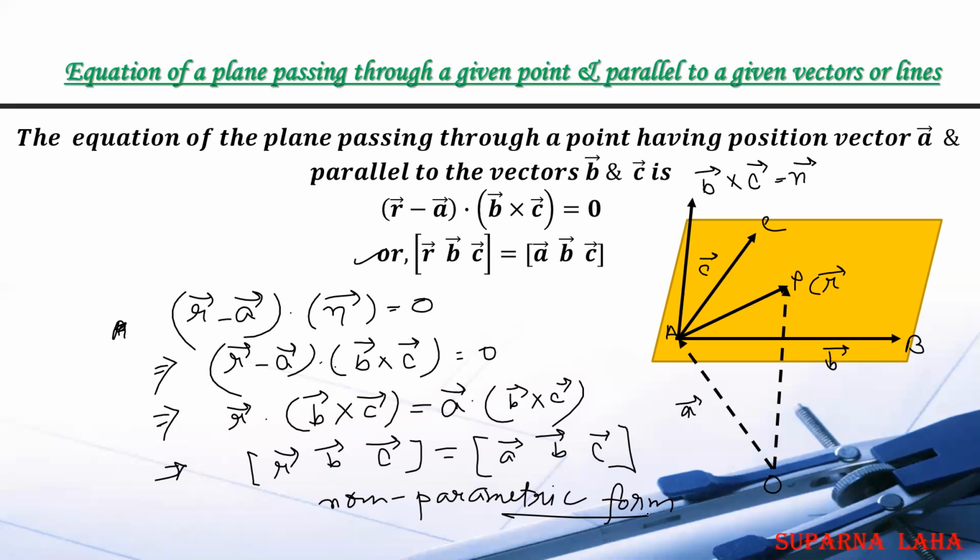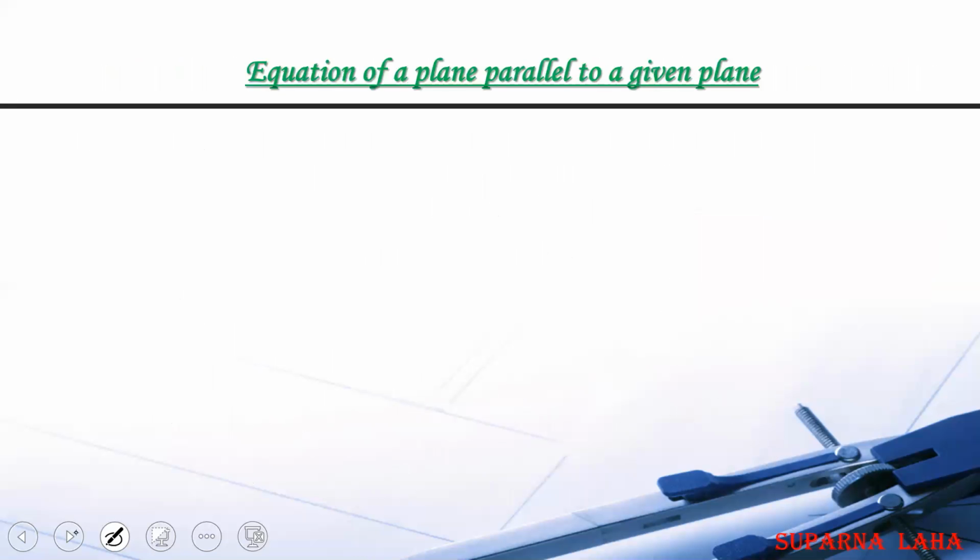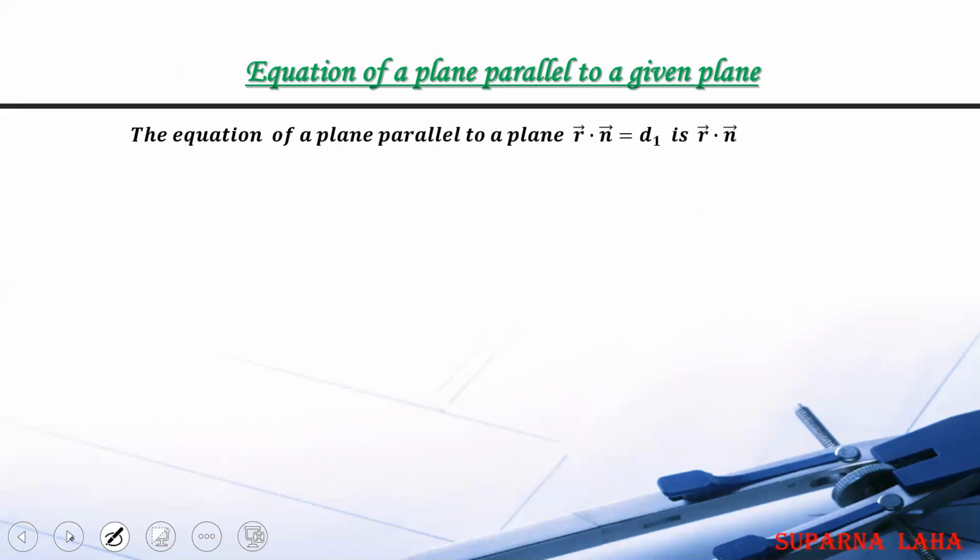Now let us find the equation of a plane parallel to a given plane. So any plane is given. First of all, there are two forms, vector form and Cartesian form. So first, let us talk about the vector form. Any plane is given whose equation is vector r dot product with n equals d1.